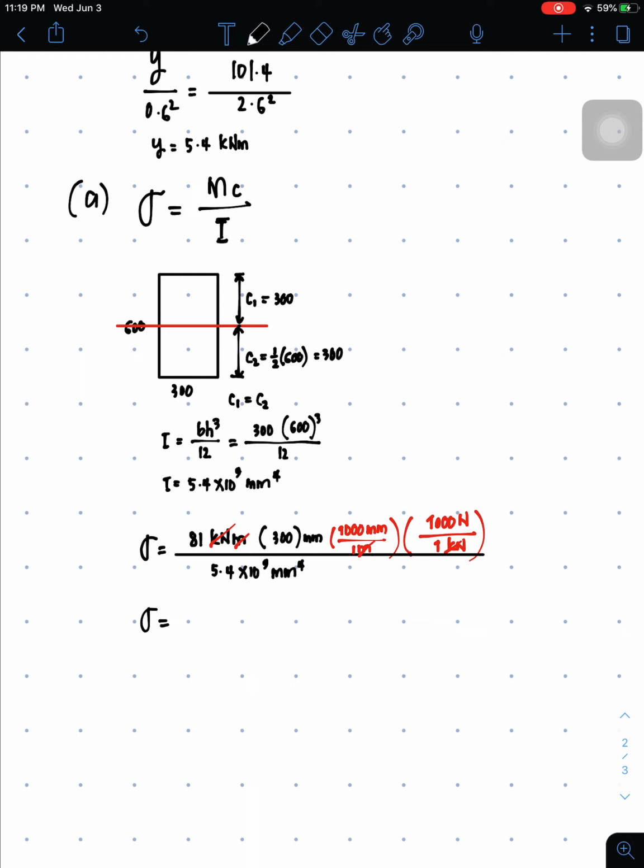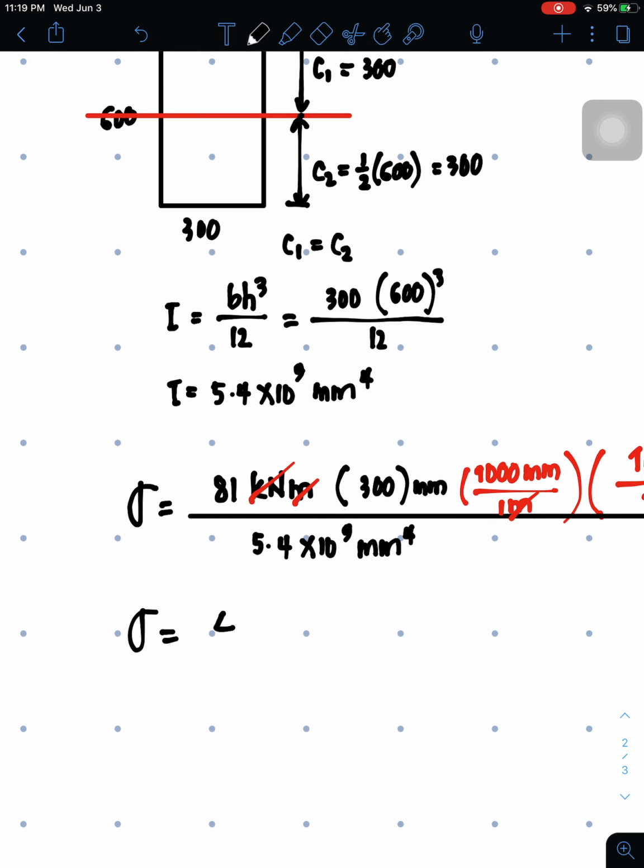Basically, that's 81 times 300 times 1,000 and another 1,000 all over 5.4 times 10 to the 9. The answer is 4.5 newtons per square millimeter, or this is in megapascal.